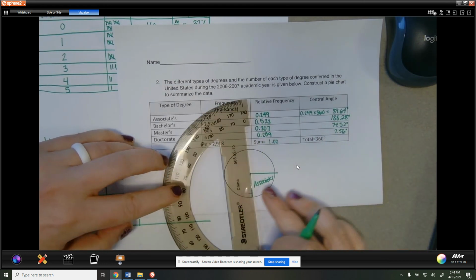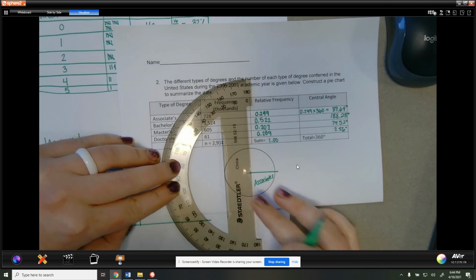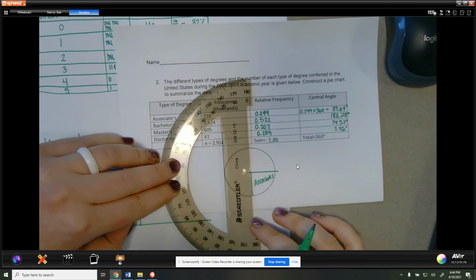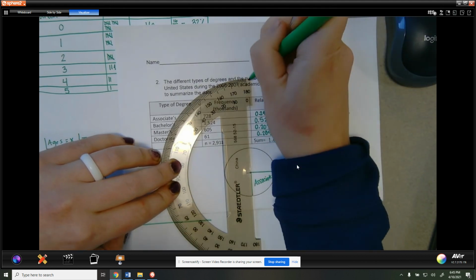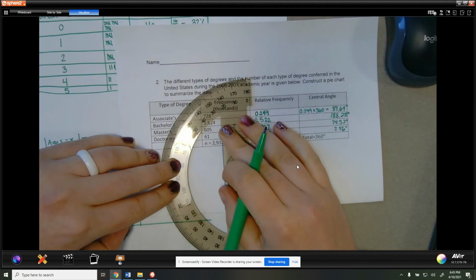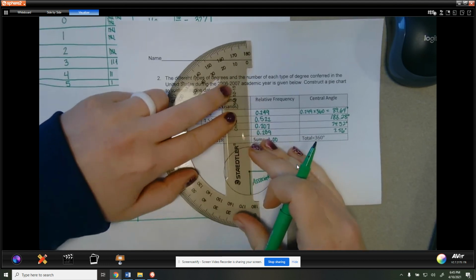Okay, then we've got a bachelor's, and I'll go from this line now. I'll line it up, and I need 188 degrees. So here's 180 from this. I'm going to line to that.